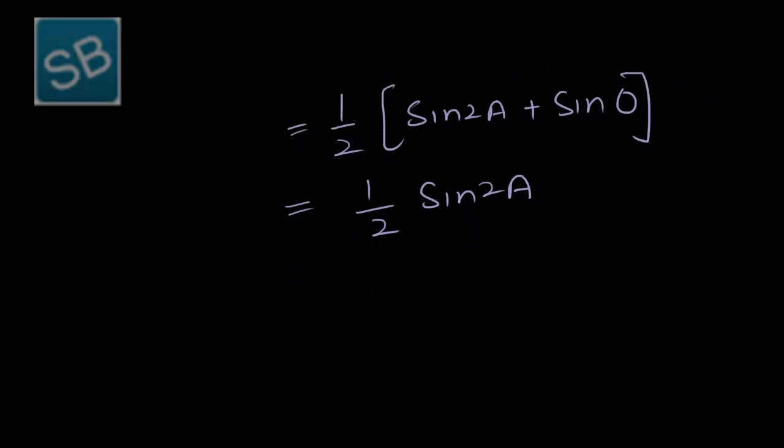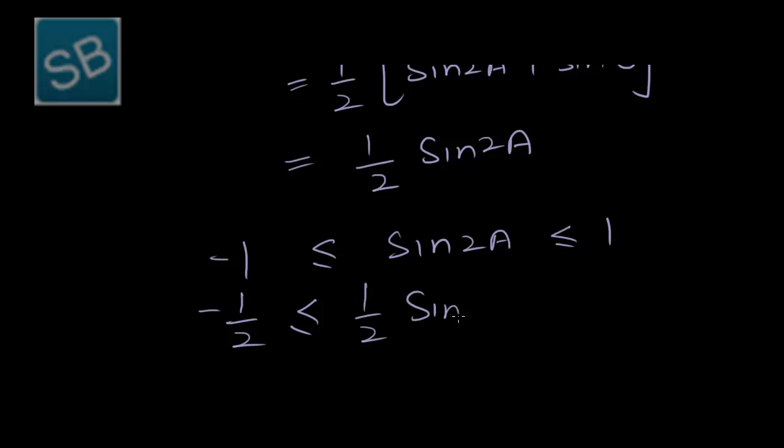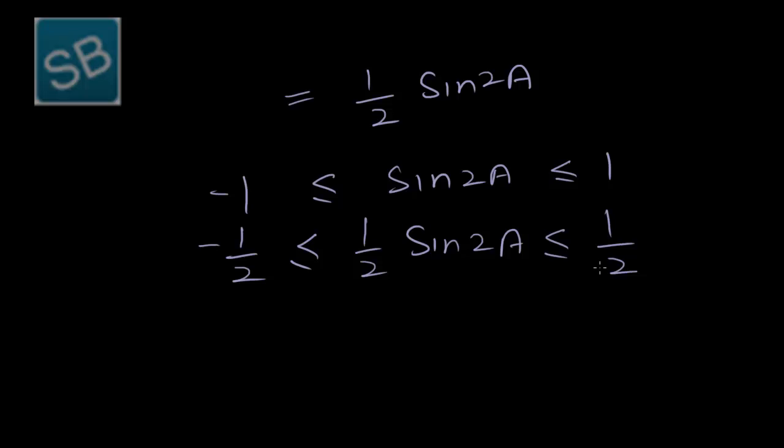As we know that the value of sine lies between -1 and 1, that is the range of the sine function. So we have to find half of sin 2A. As half is positive, there will be no difference in the inequality sign. So it remains the same. So we get half sin 2A lying between -half and half.